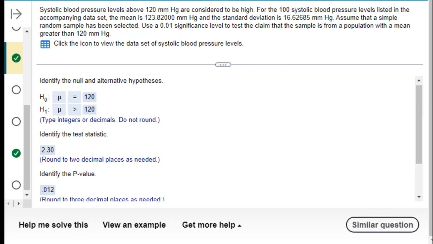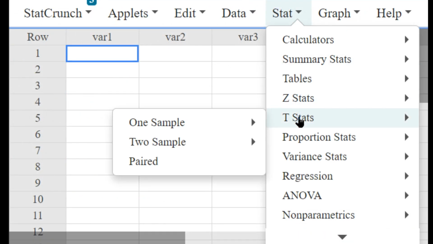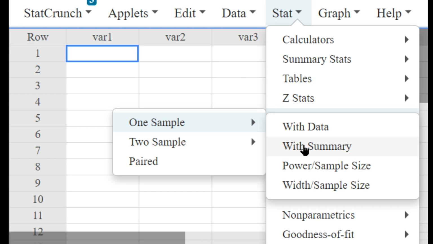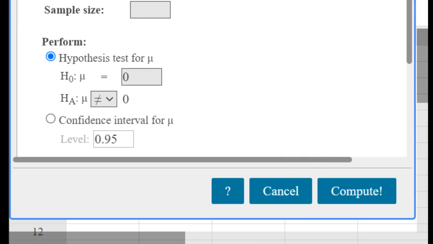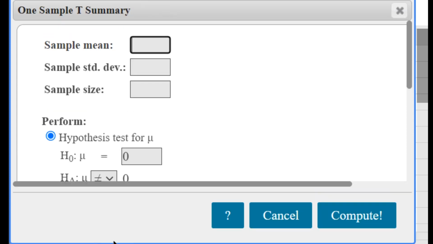Now, I said I was going to do this in two ways, so let me show you what StatCrunch will do for us. If I go to T-Stats, one sample with summary, then I can get this dialog box, and it is wanting to know the very information that I used in the problem to get my calculations.